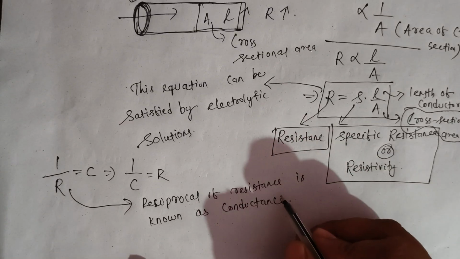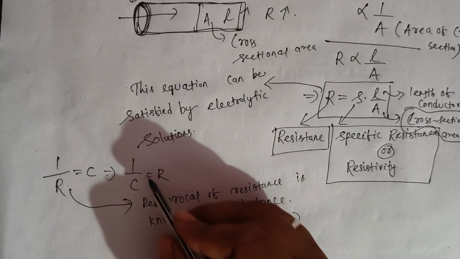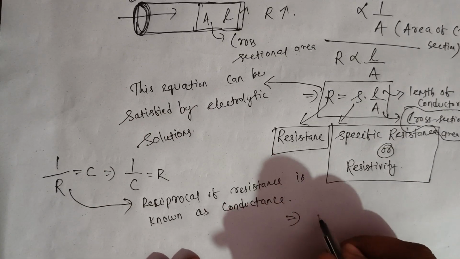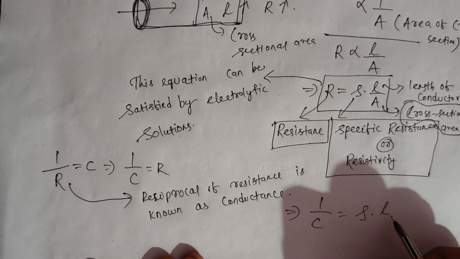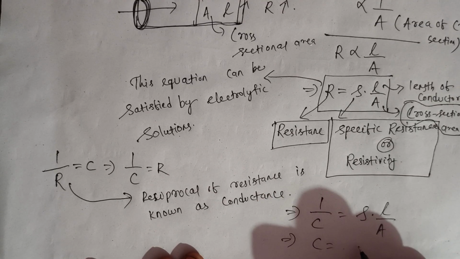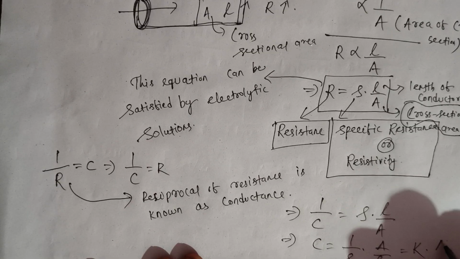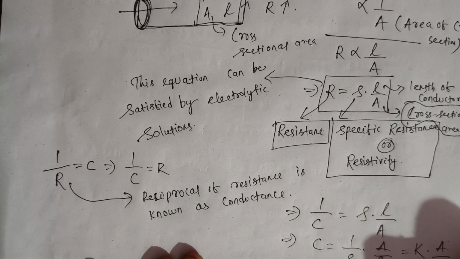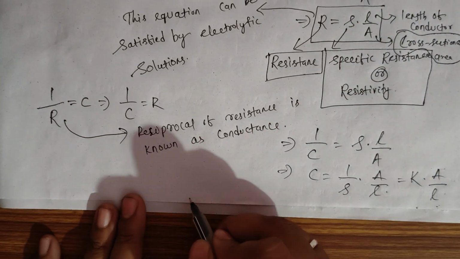So if I reverse this equation, 1 by C equals R, that means R equals 1 by C, and R equals rho into L by A. So what happens? C becomes 1 by rho into A by L. So 1 by rho is called K, and this is A by L. So what is the formula of K?